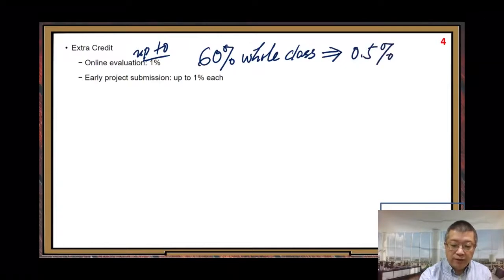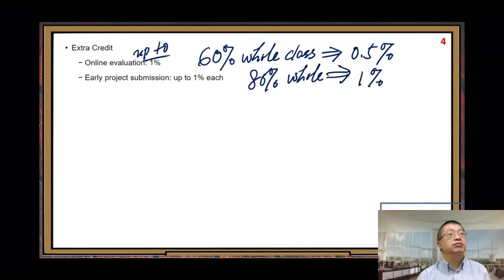At the 60% line, you can earn 0.5%. But if you reach higher than that, 80% of the whole class, then you can earn 1% extra credit. So I encourage you, as many as you can, try to get to this.